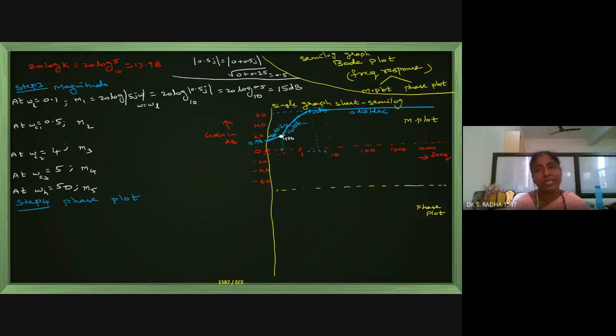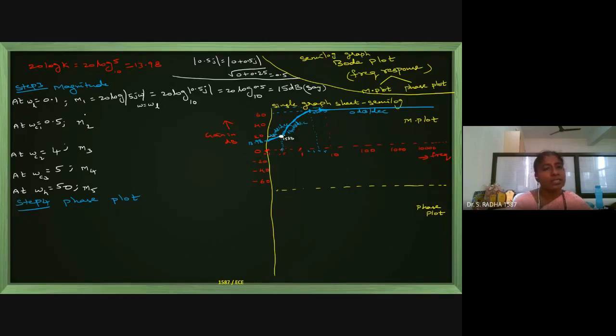If you calculate also, it will come above 13.98, because the graph is already going upward. It has started at 13.98 and is going upward, so generally it will be greater than 13.98. Roughly I am taking 15 dB, because if I take the calculator again, it is a time-taking process. So I have to show the graph. Okay, this is 15 dB.